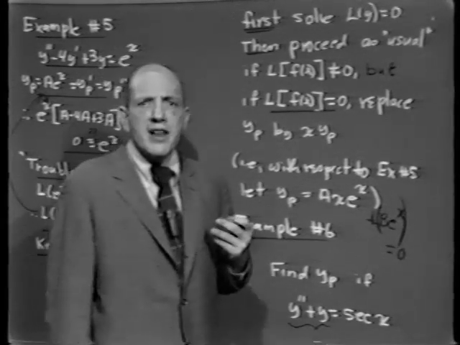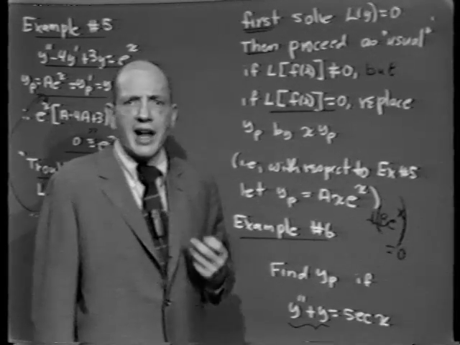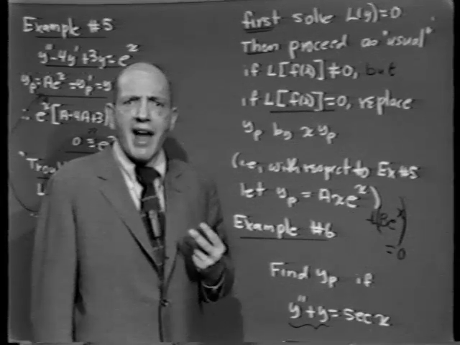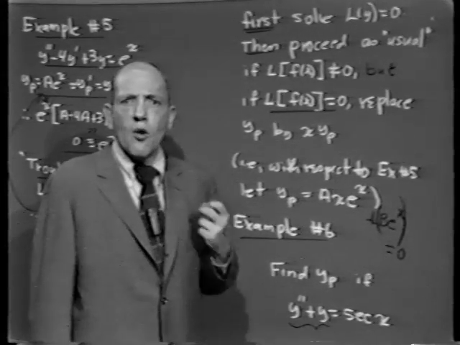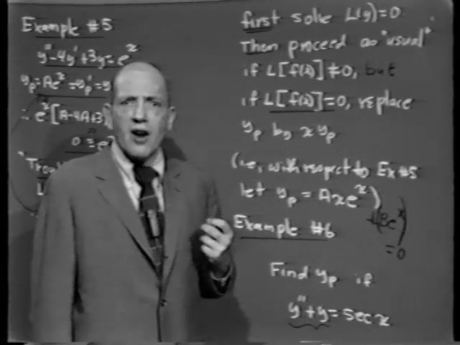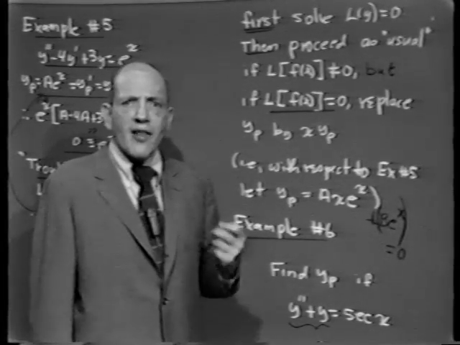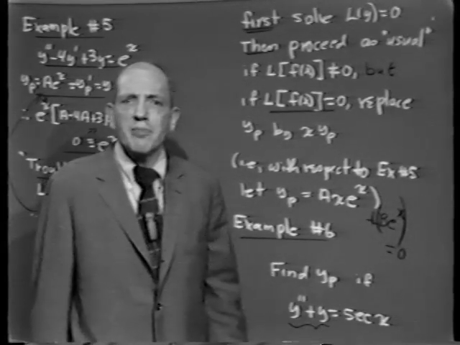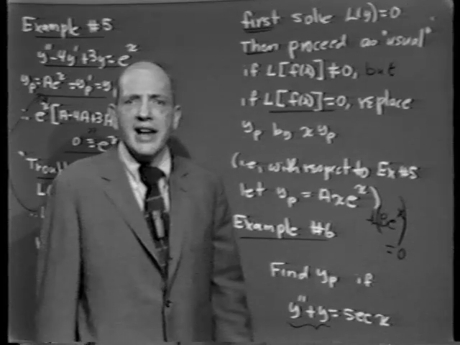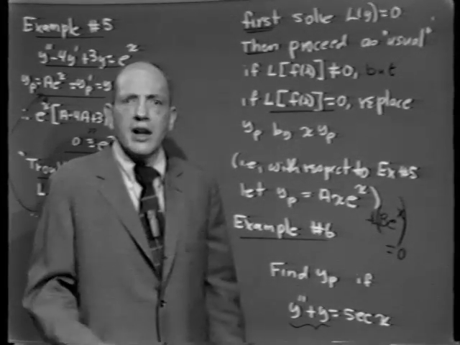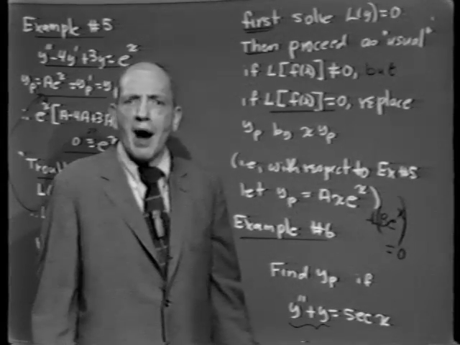In other words, this particular method that I did for you today, which is not in the text but which I felt was important, needs to have two things going for it. One is that on the left-hand side of the linear equation, there must be constant coefficients. And the other is, even if the coefficients are constant, the right-hand side must belong to one of the three families, e to the mx, cosine mx or sine mx, or x to the mth power.